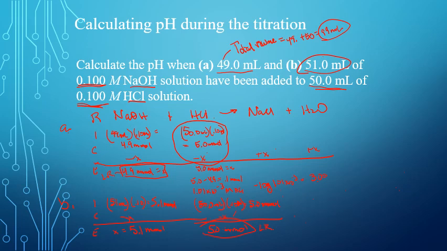So notice again, the script has flipped after the equivalence point because I now have the titrant being in excess instead of the analyte. So now when I set up my equation, 5.1 minus the 5.0, that gives me yet again 0.1 millimoles.